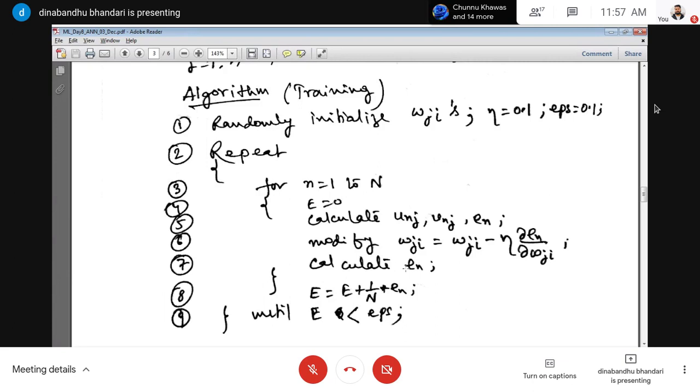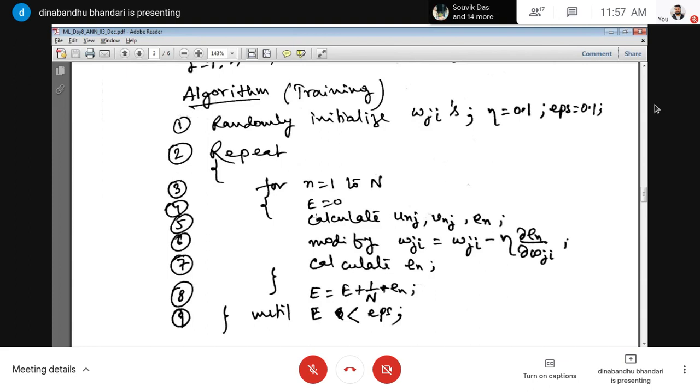Oh, this E equal to 0 should be out of this loop, because we are accumulating the error for all the data points. So repeat, then E equal to 0, and then go for it. Sorry about this. Within the iteration, until the total error is less than epsilon; once it is, you stop.